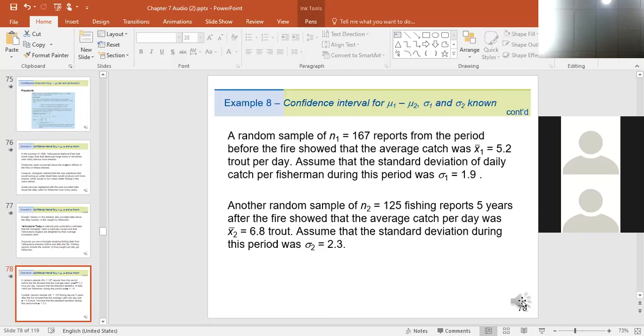You should think, just say something. It could be wrong, there's no problem. The number before the fire was 5.2, and after the fire is 6.8, from a sample of 167 before and 125 after. What do you think? Are fishermen getting more fish before or after the fire?